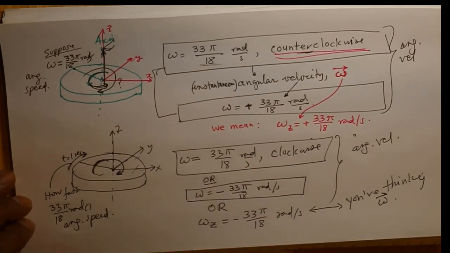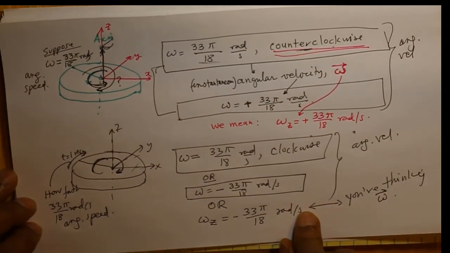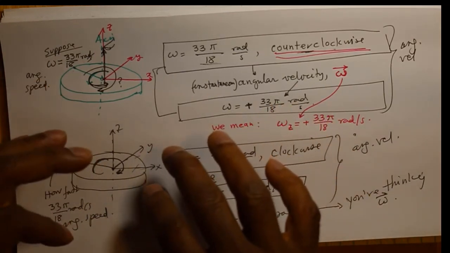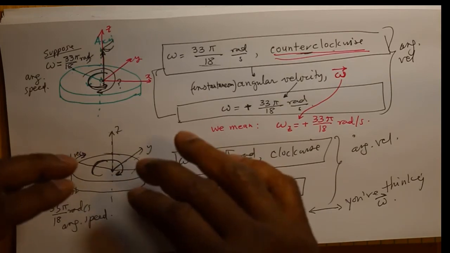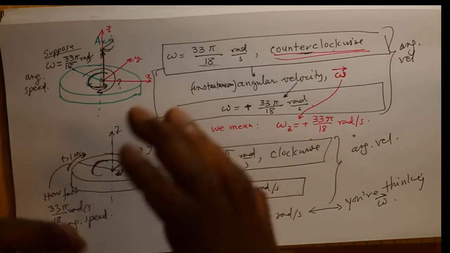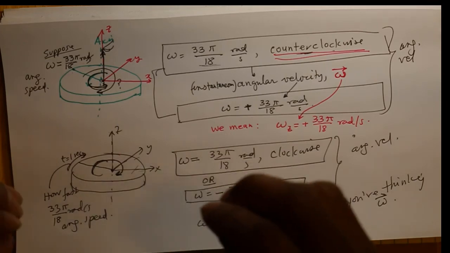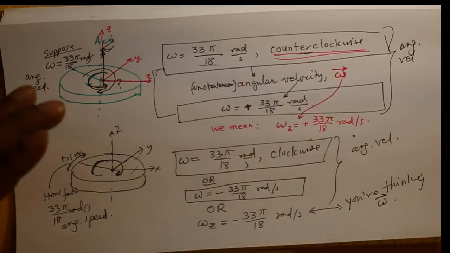Okay, so I'm going to stop here. In the next video, we're going to look at something that is not going steadily, but maybe speeding up or slowing down. For instance, when you put something in the centrifuge, it's initially at rest, but when you start to spin it, it slowly picks up speed.